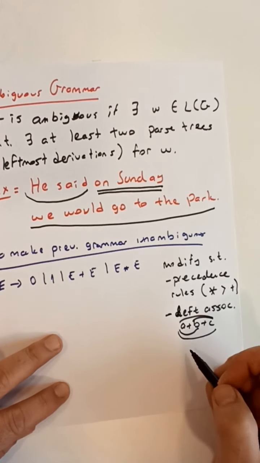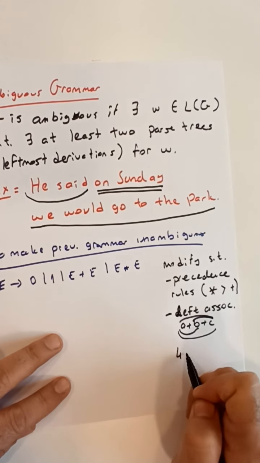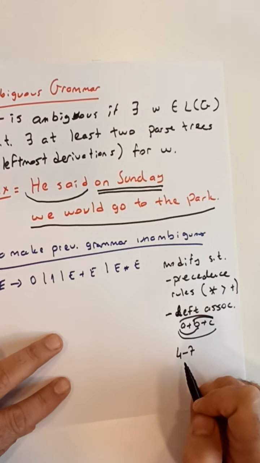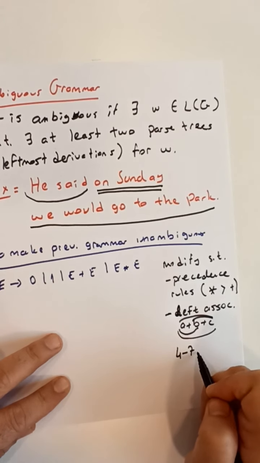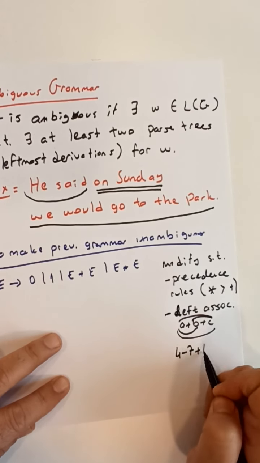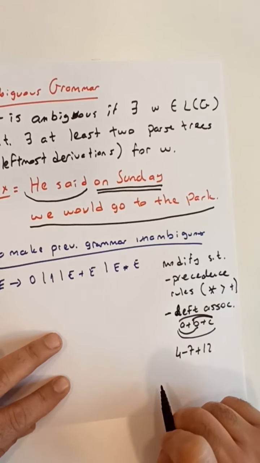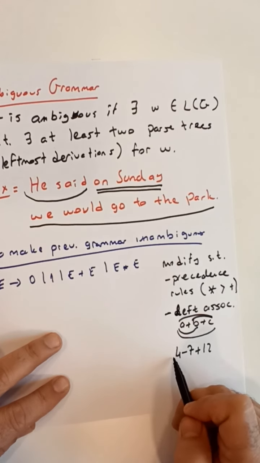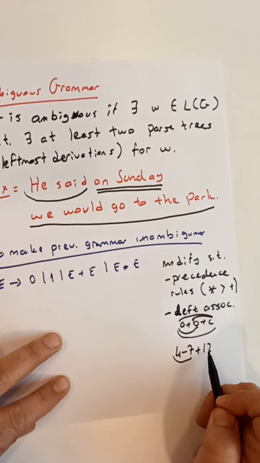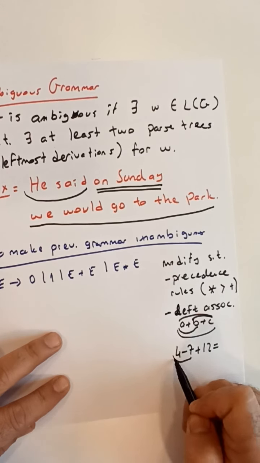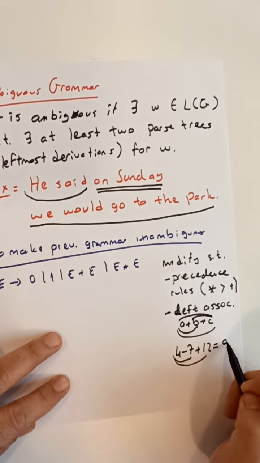For instance, we could have different results if I want to execute the expression 4 minus 7 plus 12. With the left associativity, this would give me minus 3 plus 12, which is 9.